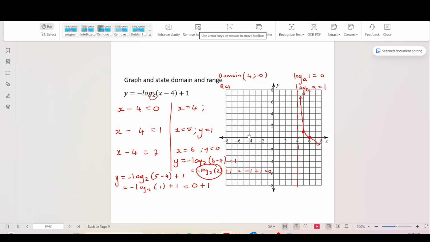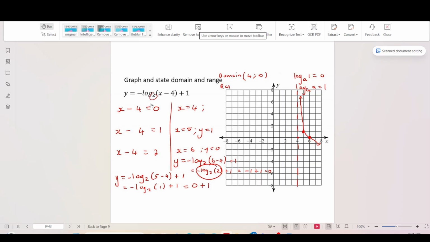If I get a 1, do I change that 1 to a negative 1? Suppose you put x equals 5. 5 minus 4 makes it log 1, and log 1 is 0, so the negative doesn't matter here.